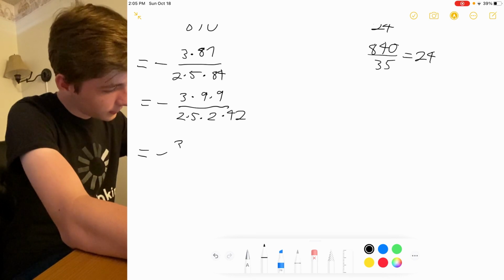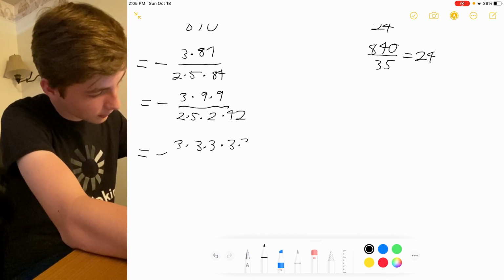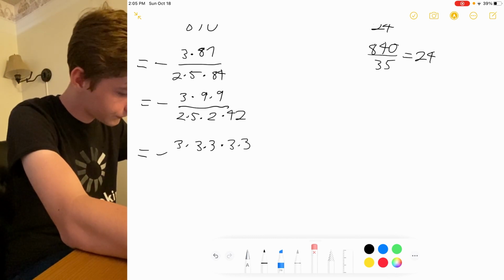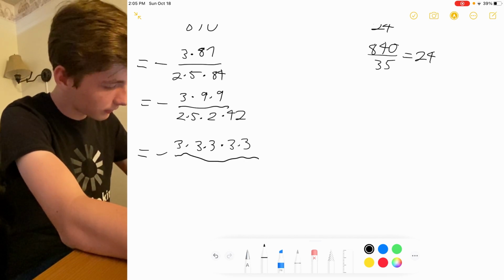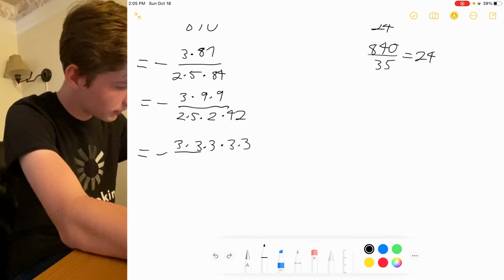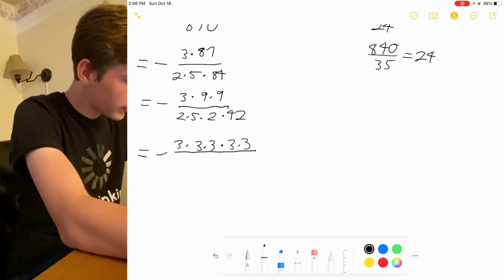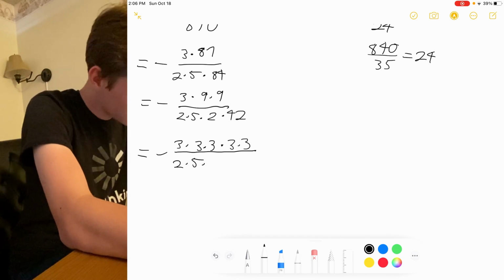Okay, these 9s are both 3 times 3s, right? So 3 times 3, and then another 3 times 3 here. This one just came from right there. And then this is all over, that was a terrible line. All that is over. Let me bring that other 2 out.